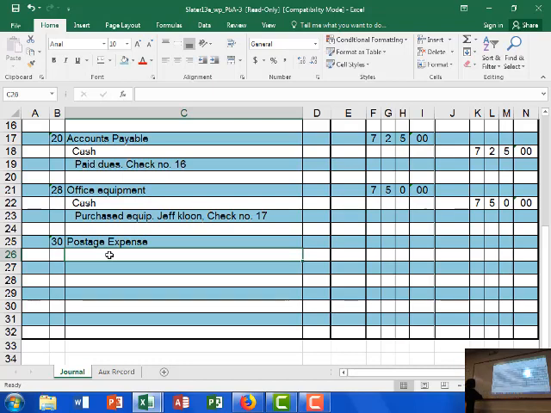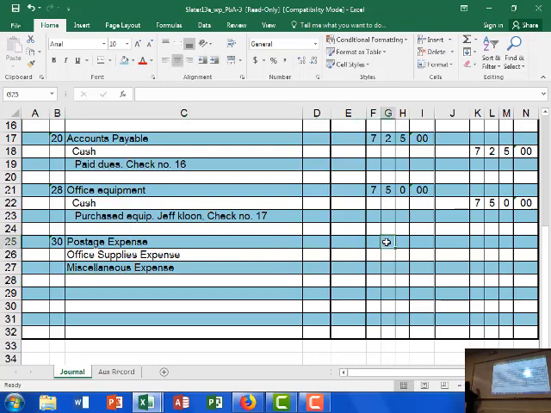Throughout the month you've got petty cash, right? And you're showing all of the expenses that are going out, like the postage, the miscellaneous, what else do we have? Office supplies.